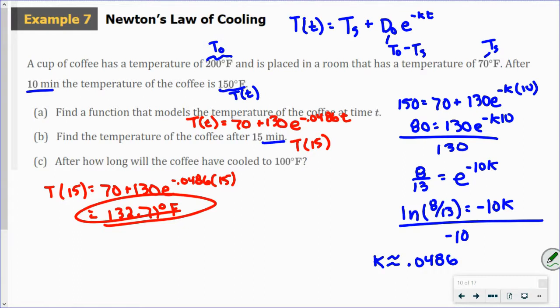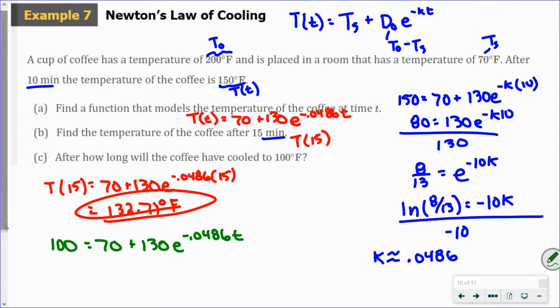Part C, after how long will the coffee have cooled to 100 degrees? So we want to know if the final temperature is 100 degrees, how much time did that take? So we're going to plug in T of T to be 100, and we're solving for T there in the exponent.